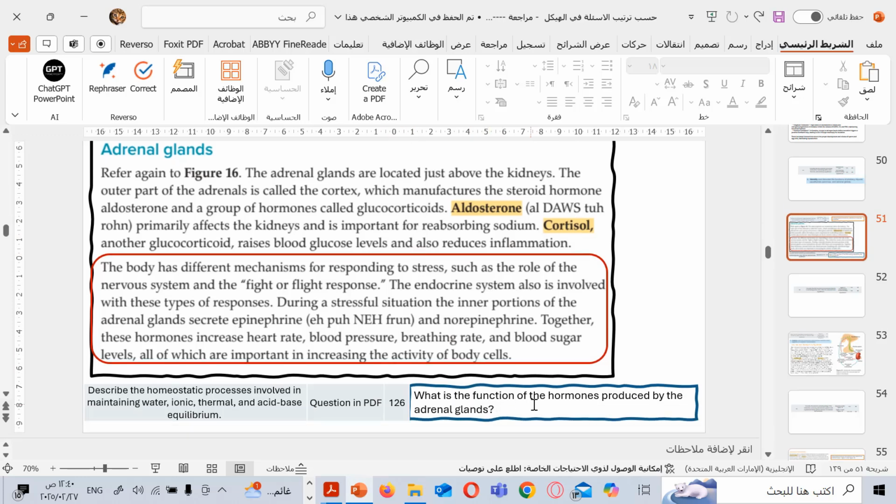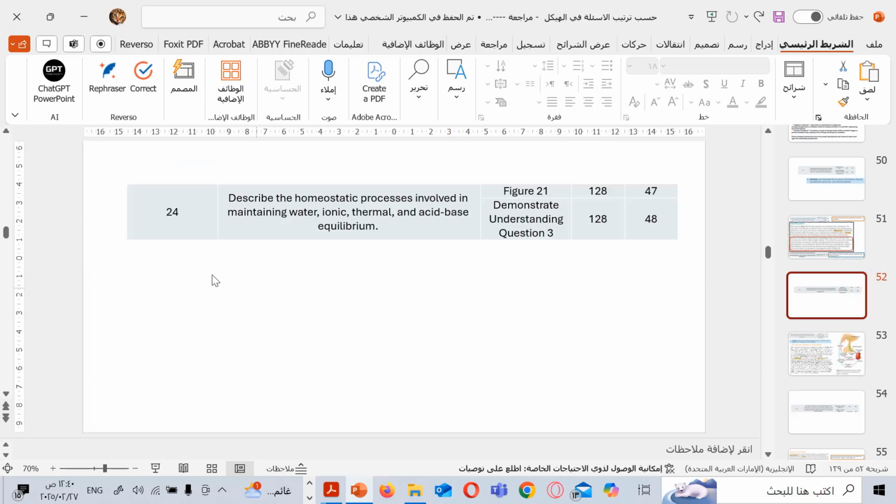What is the function of the hormones produced by the adrenal gland? Okay, now you know.